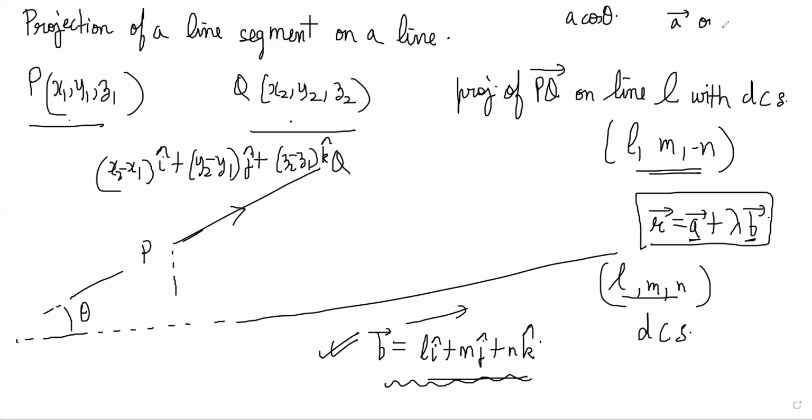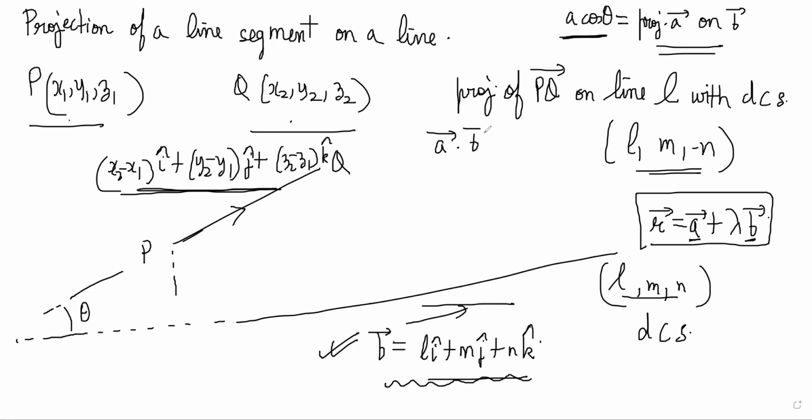Projection of this vector on this vector would be the mod of this times cos theta. So this cos theta can be calculated by doing A dot B and dividing by mod B. That will be equal to A cos theta, right?